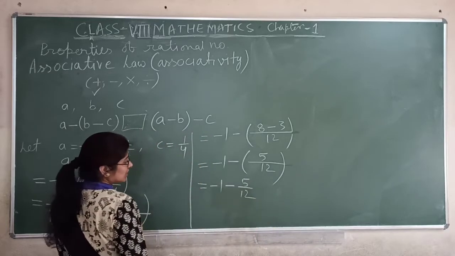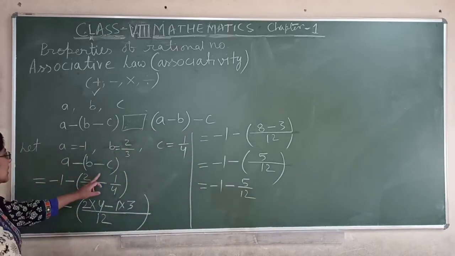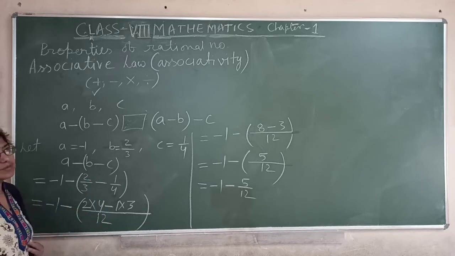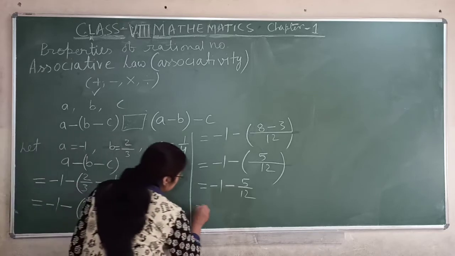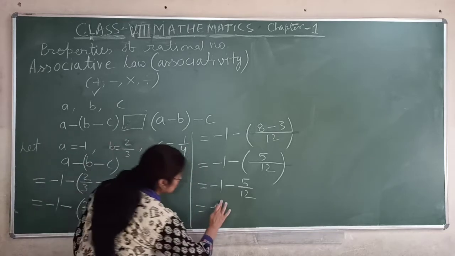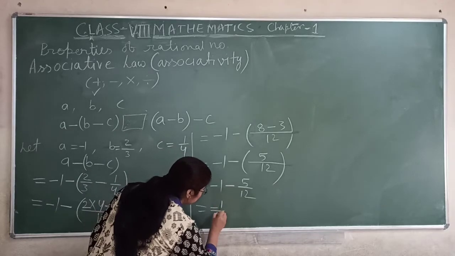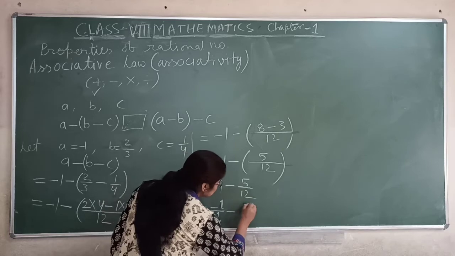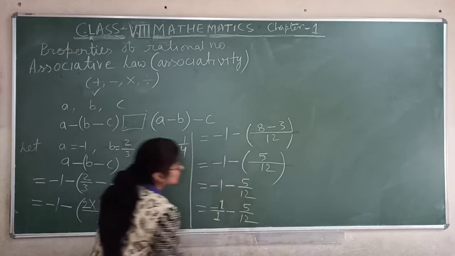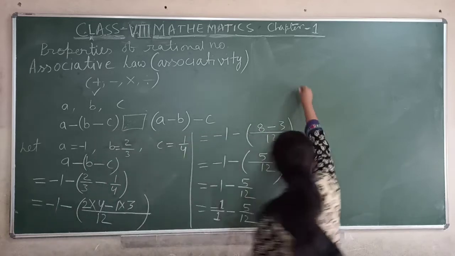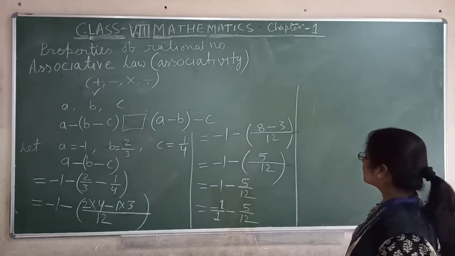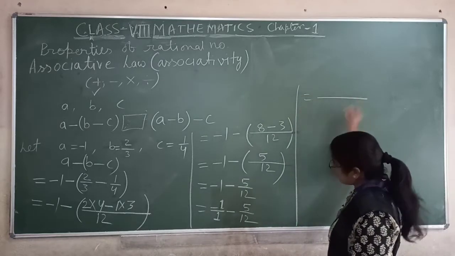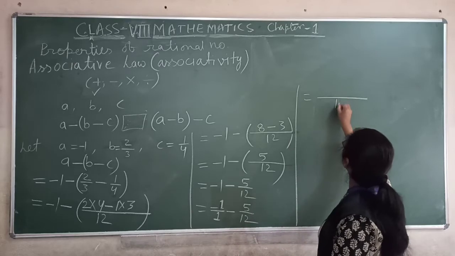Now we have to calculate this one. Whenever there is a bracket, first you have to calculate the bracket portion. Minus 1 you can write as 1 upon 1, minus 1 upon 1, then minus 5 upon 12. So look, 1 and 12, the LCM will be 12.